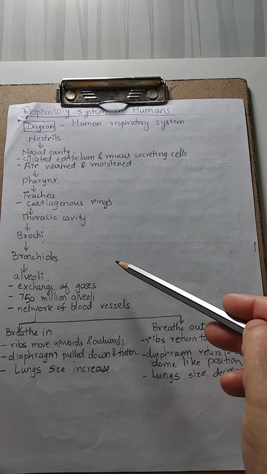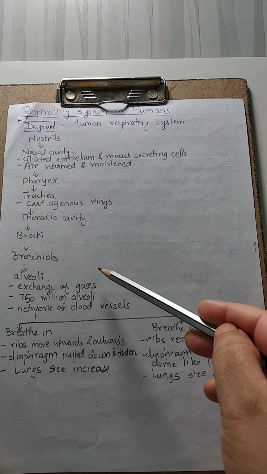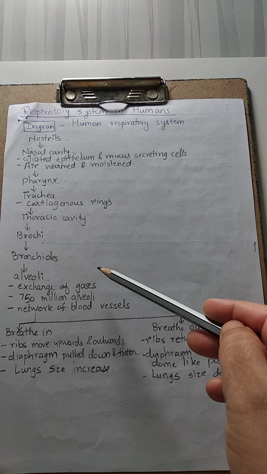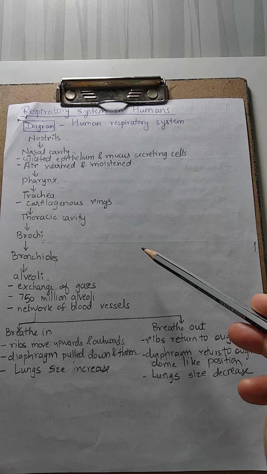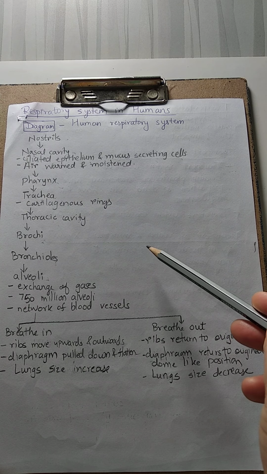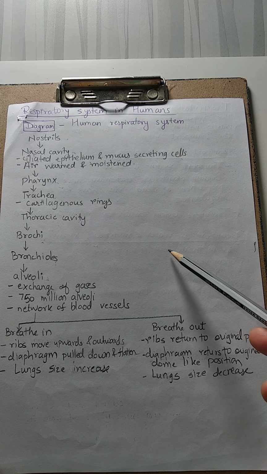Singular is called alveolus. Alveoli are called functional units of lungs. Actual exchange of gases takes place in alveolus. That is why they are called functional units of lungs. And they are the actual sites of respiratory gas exchange.